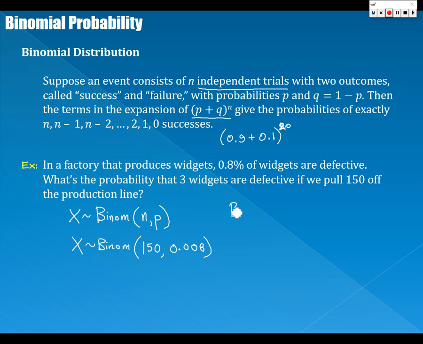So what are we seeking here? We're seeking the probability that our random variable X is exactly 3. And this is done just like part C on the warm-up today. So who will take that for us?